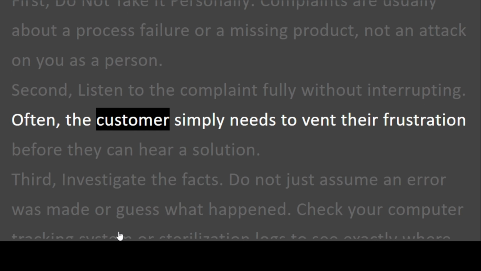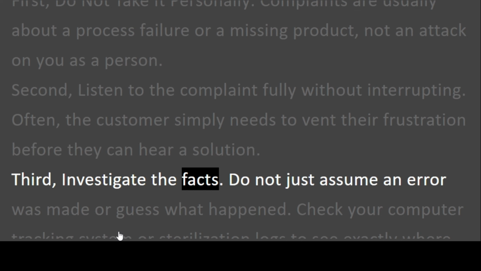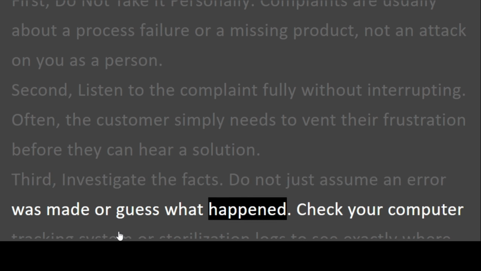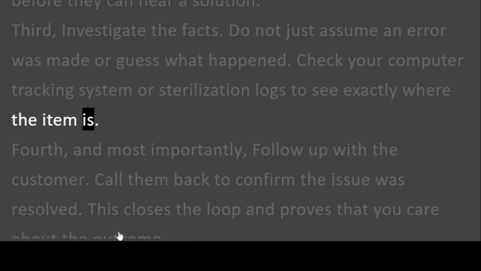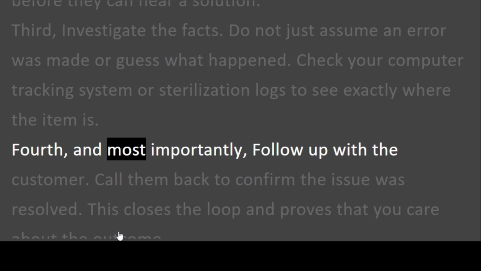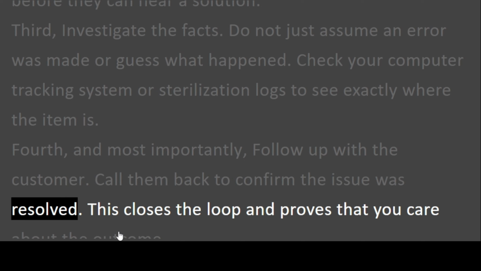Often, the customer simply needs to vent their frustration before they can hear a solution. Third, investigate the facts. Do not just assume an error was made or guess what happened. Check your computer tracking system or sterilization logs to see exactly where the item is. Fourth, and most importantly, follow up with the customer. Call them back to confirm the issue was resolved.